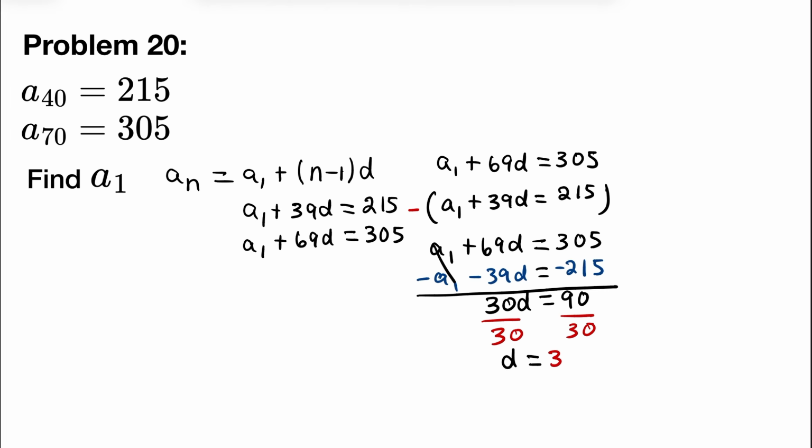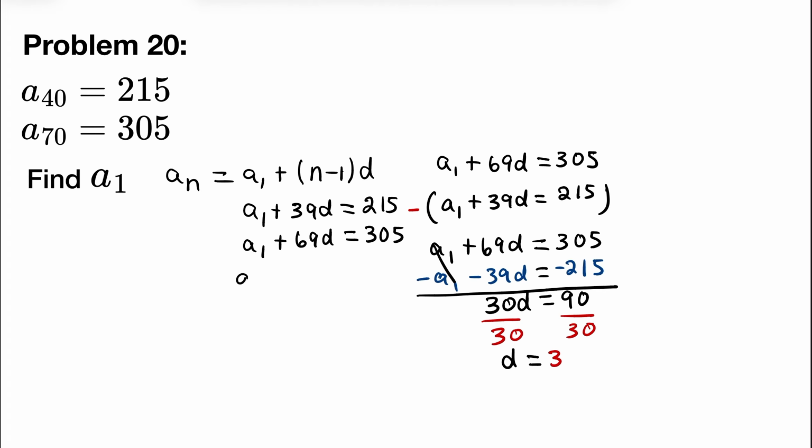And what we're going to do with d equals 3 is plug it back into one of the equations here. So we'll place it back into this top equation. Let's go ahead and do that, so that we can solve for a sub 1, our very first term.